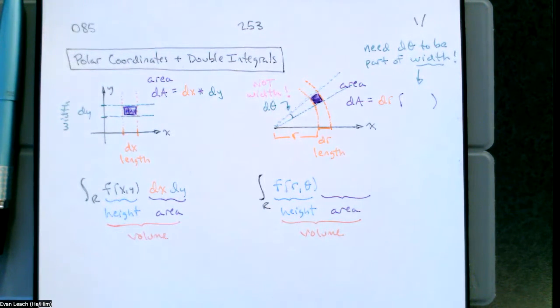So theta is measured in radians. So if I multiply just d theta by dr, I don't get area. I just have length. So that's a problem. I need the d theta to be a width, the way that I've labeled it here today. I need d theta to be converted over into meters, so that when I multiply that width times the dr, I get area.